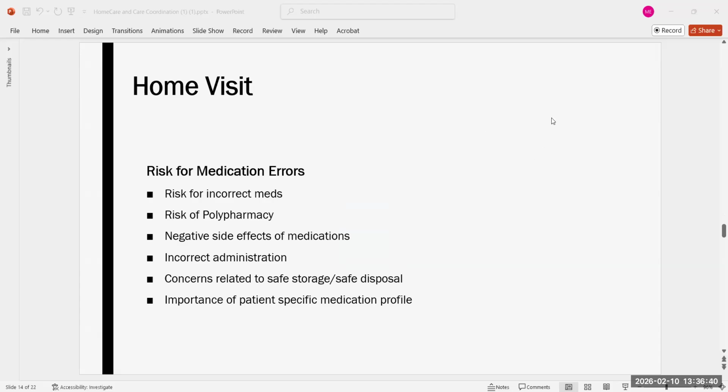If you think about negative side effects of meds, risk of dehydration, risk of falls due to orthostatic hypotension, changes to vision, changes to level of consciousness if they're taking too much medication for anxiety, or even if you have decreased perfusion from low heart rate, low blood pressure, that can cause risk for altered level of consciousness.